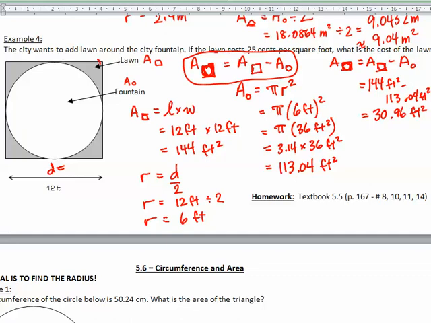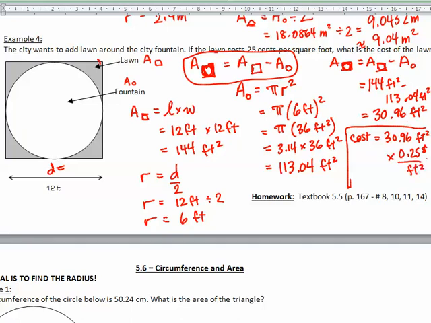I'm not really done yet, because if I go back to the question, it says, if the lawn costs 25 cents per square foot, what is the cost of the lawn? Well, I didn't get a cost yet. So now I have to go back to chapter 2 a little bit. The cost is equal to 30.96 feet squared times 25 cents. Well, I'll change that to dollars, so $0.25 per square foot.